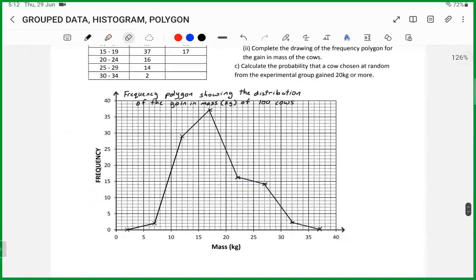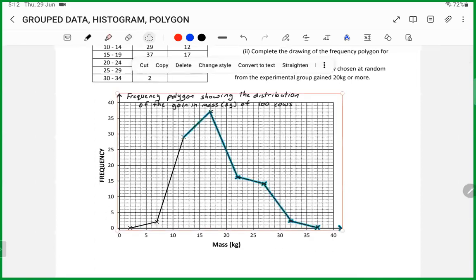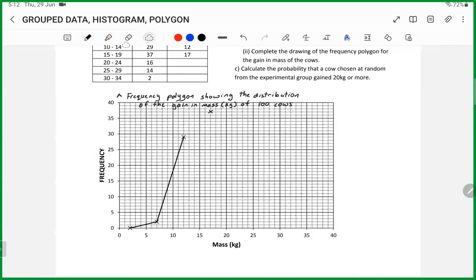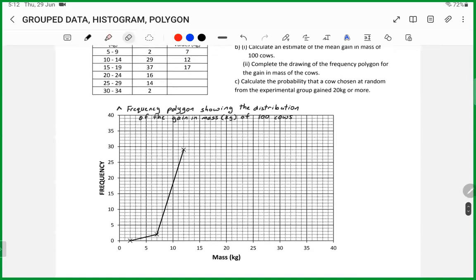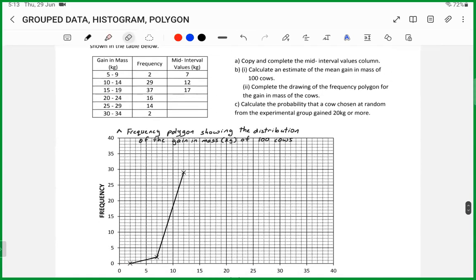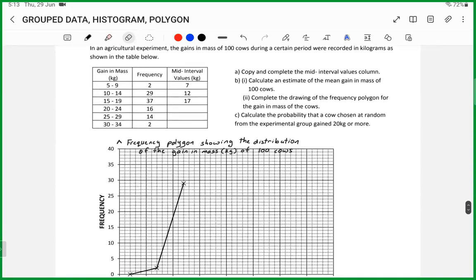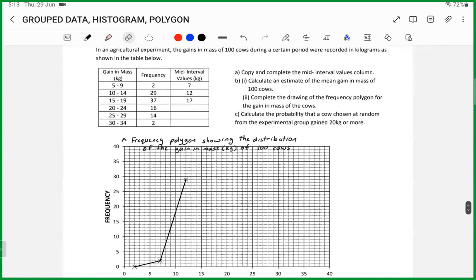So here's the thing. I had this already done. Okay. So now, in the interest of time, I think I'll just use this. Now, those of you who don't have the printout, you'll have to use graph paper, but that's okay, right? You'll still be able to do it. Now, the first thing that they wanted was to find the mean.